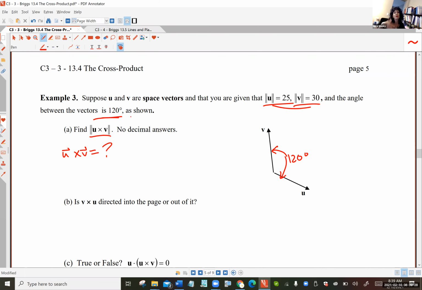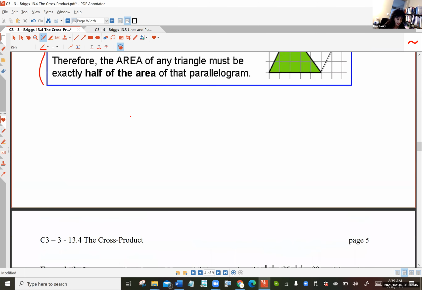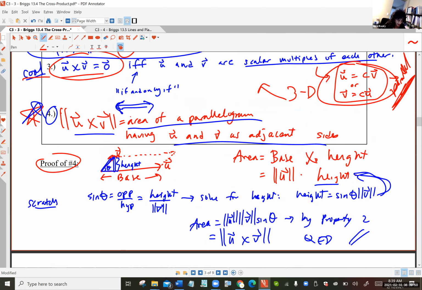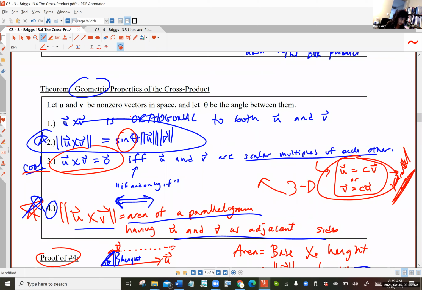Don't try to go and reverse engineer finding the components. I've seen students do that for a problem like this, and it's a nightmare. And even if they finally get the right answer, I give them 0 credit because they wasted all that time. If you're wasting time when you have at your fingertips some properties that are right there for you, then I can't give it to you. So take a look at property 2 here in this theorem. Check it out.